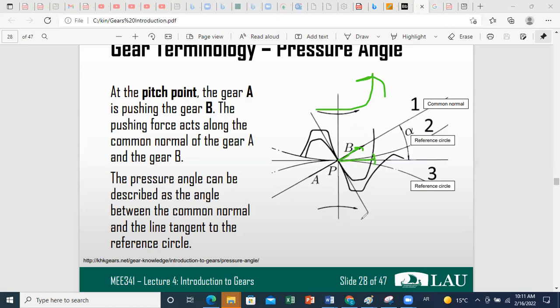angular velocities, okay? Now, in general, when you have a driven gear and one that is driving, for the driving gear we put a couple. For gear A here, we put a couple that will rotate it. So we have a motor to drive gear A, and then the force of B on A will be an opposing force.